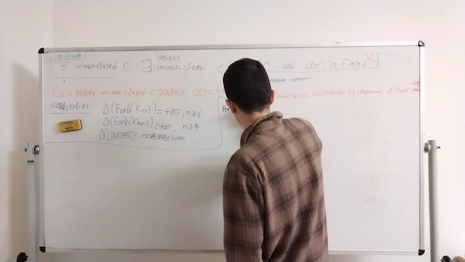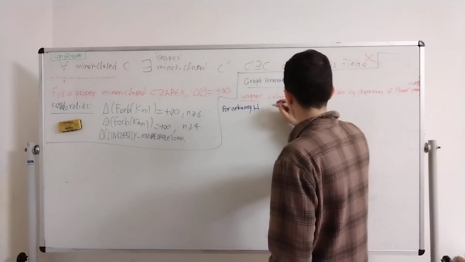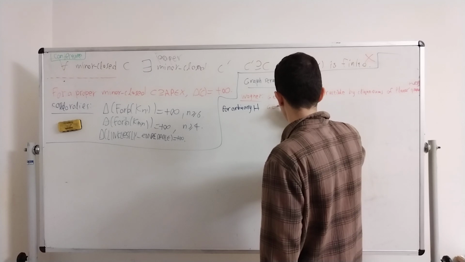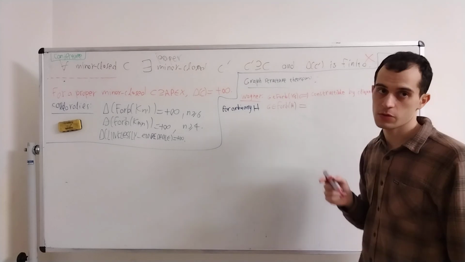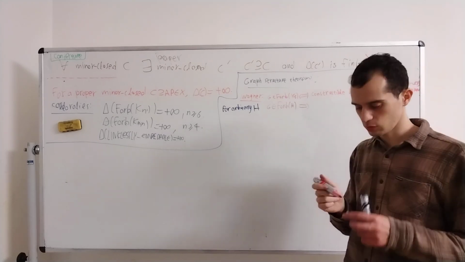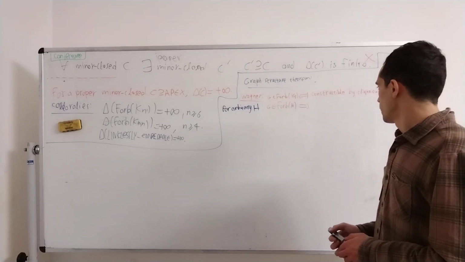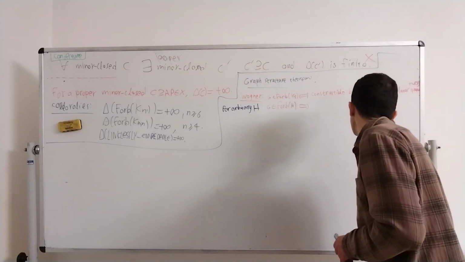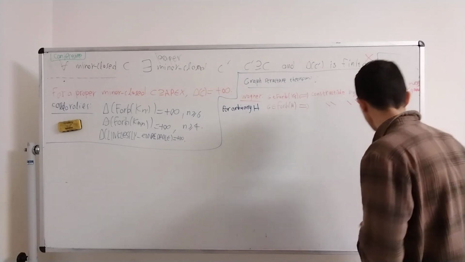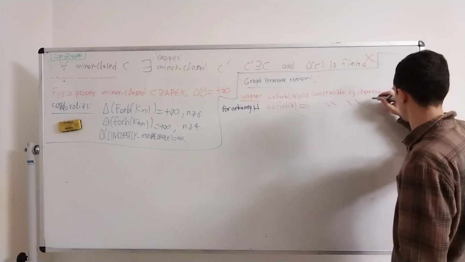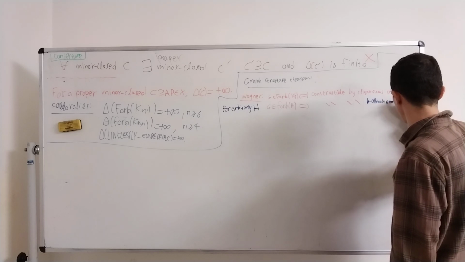So for arbitrary H. And that's what they proved: every graph in the class excluding H is constructible by the clique sums of the so-called K almost embeddable graphs.